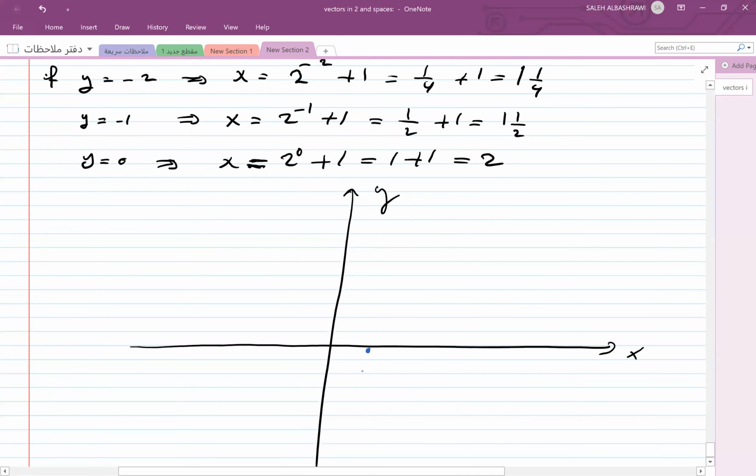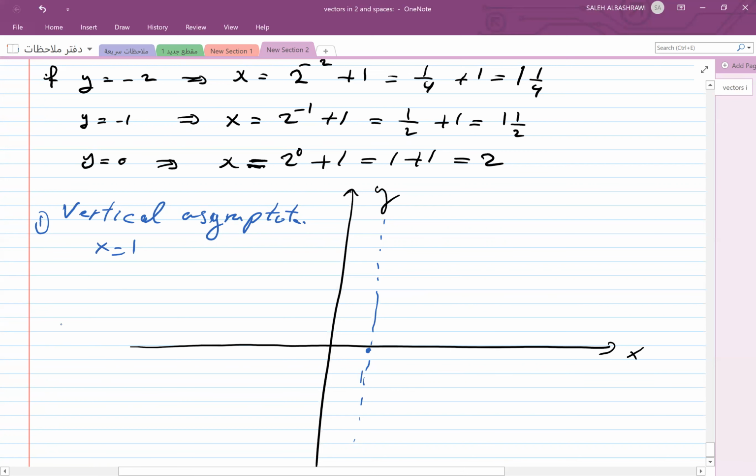When x equal to 1, I have a vertical line. So the graph of the function will not intersect with this one. I will call this the vertical asymptote. It is x equal to 1.